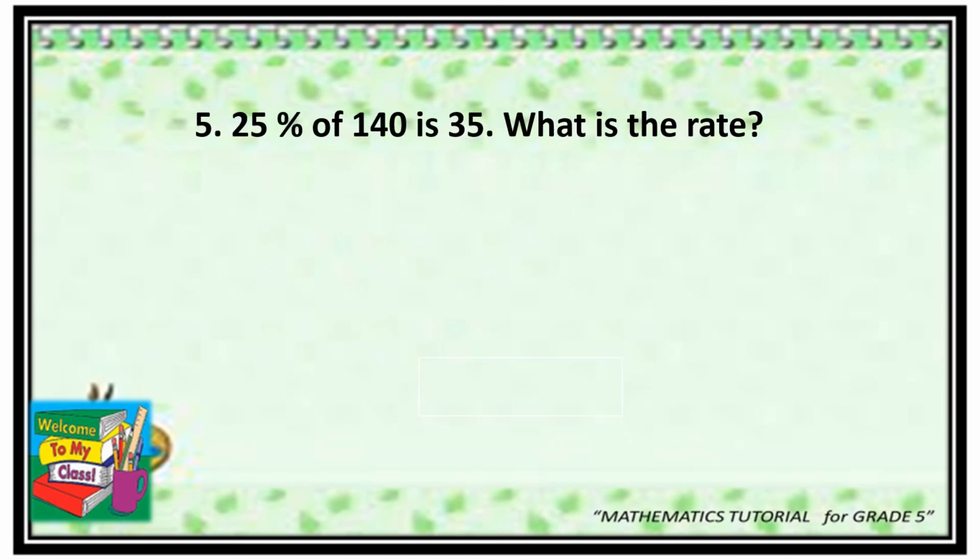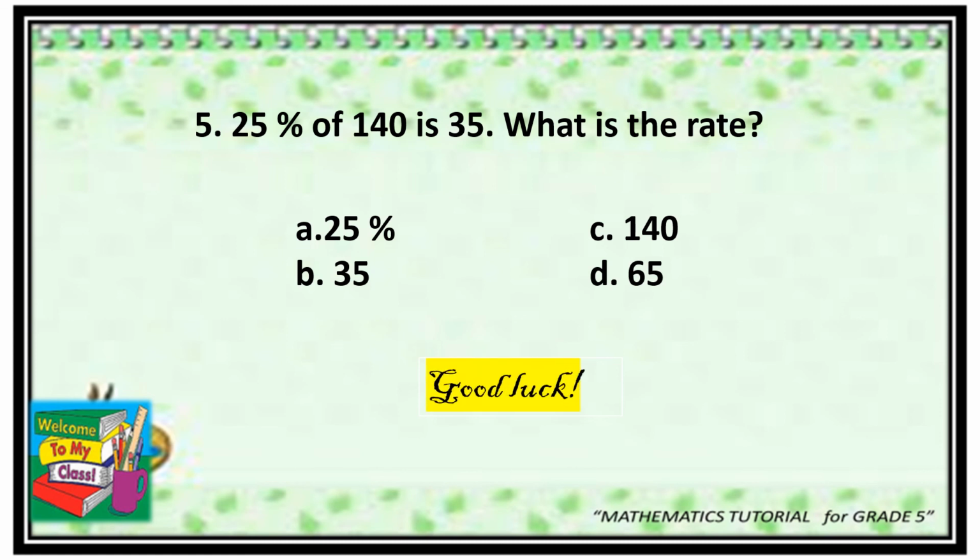Number 5. 25% of 140 is 35. What is the rate? A. 25%. B. 35. C. 140. D. 65. Good luck!